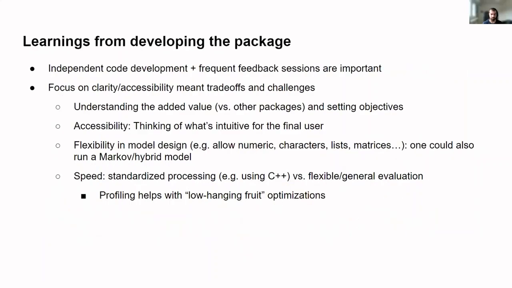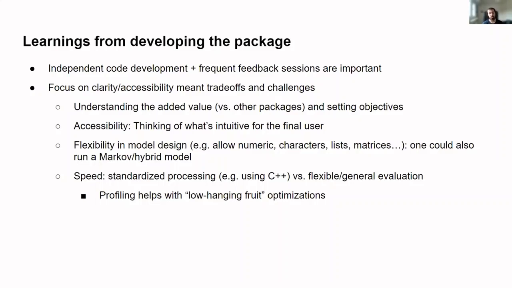And so once you have run the package, one reflection that we have after we have developed this package is that, because we wanted to make it easier for intermediate or almost beginner users, we wanted to have these feedback sessions in which we develop code independently, and then we met and discussed what would be the most intuitive way of doing things.